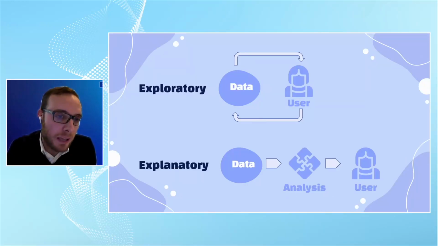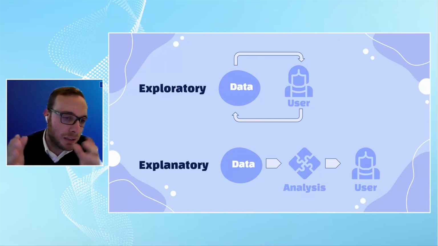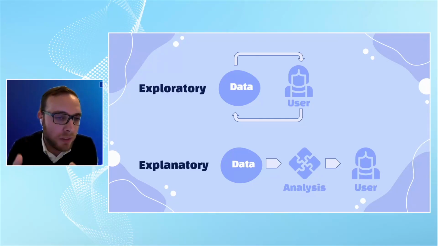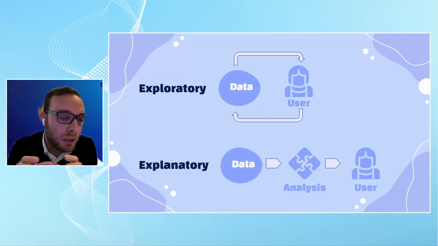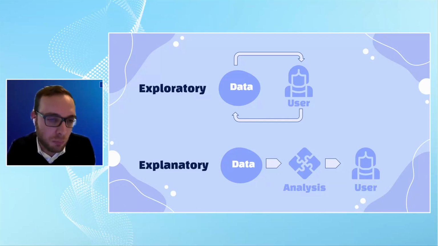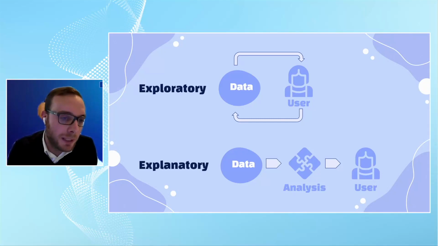Let's take a step back. As you probably know, there are two main types of analysis in data visualization. We have the exploratory, where there is a direct relationship with the data, with the possibility of interaction and filters, for example in a dashboard. So the user can build his own story based on the navigation path. And there is the explanatory, where the data has already been analyzed and is presented with a predefined path to the user.